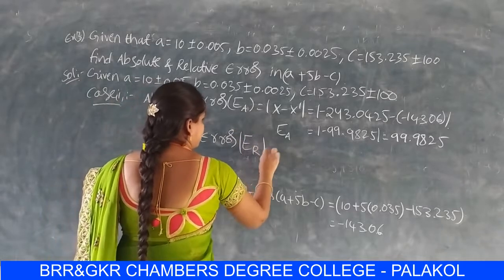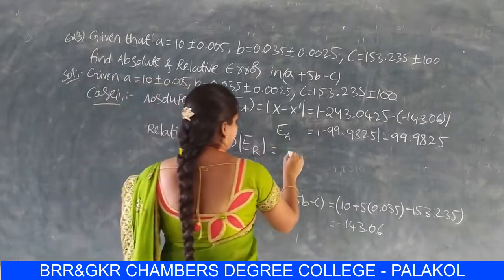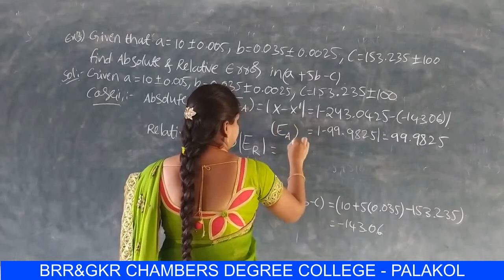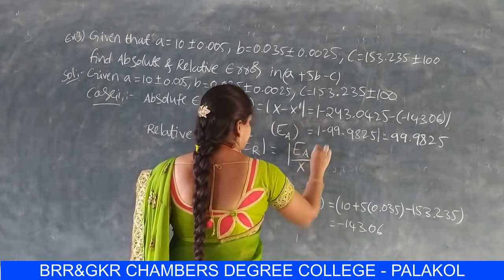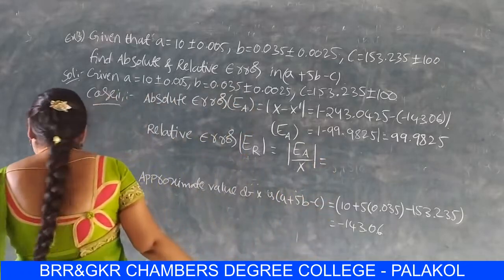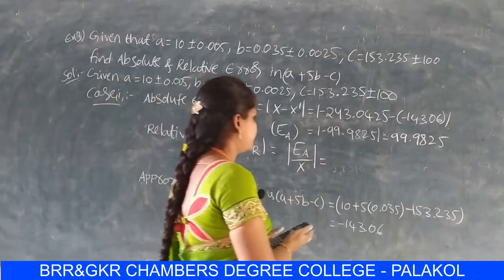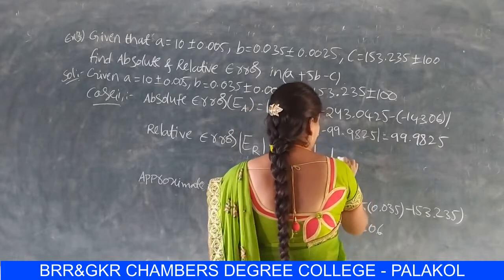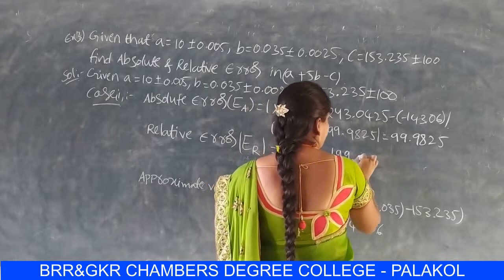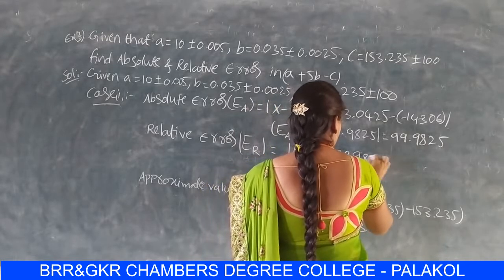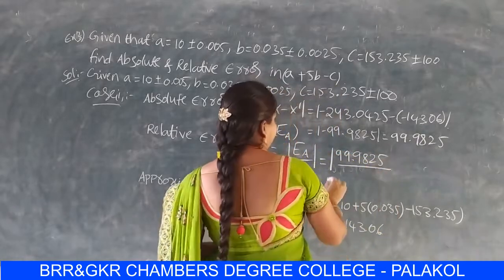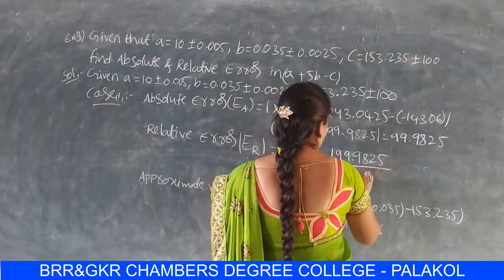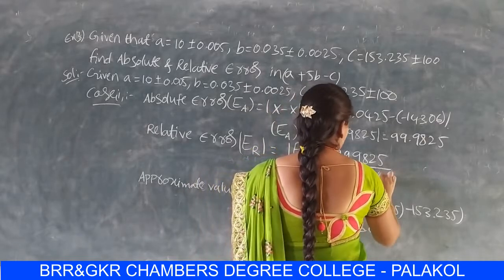ER is equal to the ratio of the absolute error and true value. Now modulus of EA by x is nothing but modulus of EA value, 99.9825, divided by x, which is minus 243.0425.